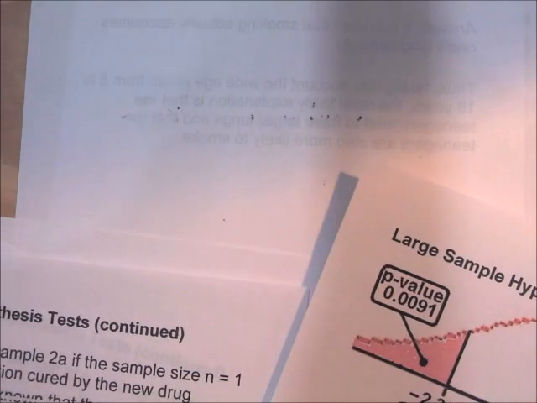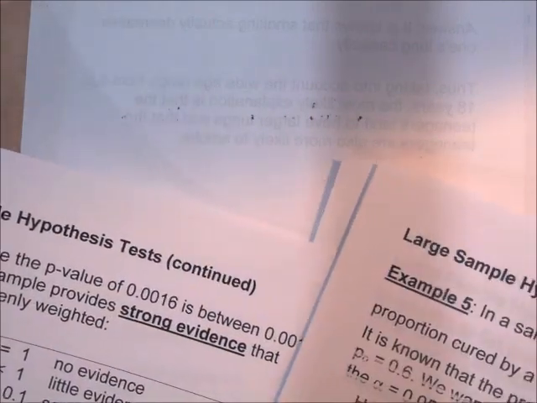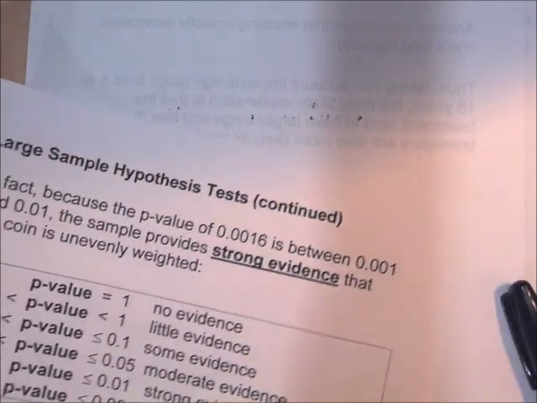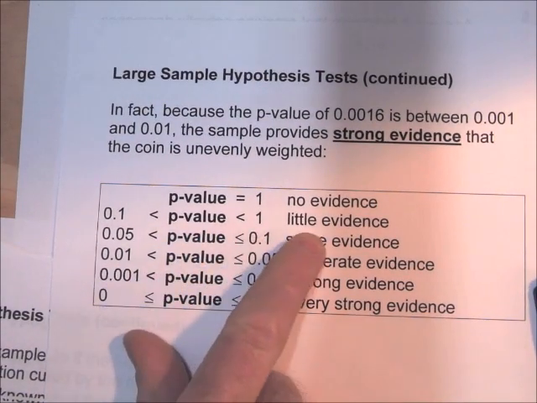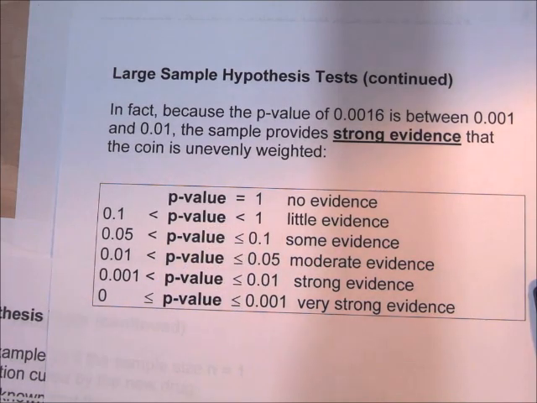I do have a chart for interpreting p-values. This chart is kind of hard to read. The printing didn't come out very good. This one's better. So a p-value between 0.1 and 1 provides little evidence that the new drug is better.